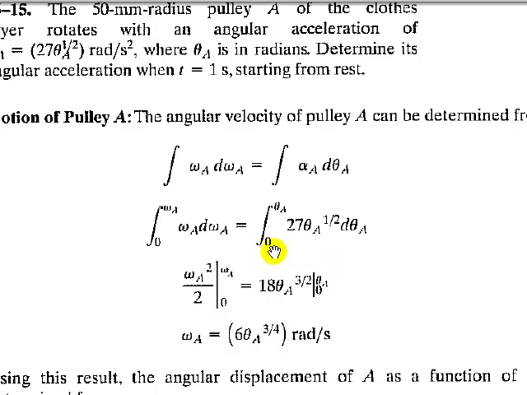As theta goes from 0 to some particular theta, and we'll just call that a generic theta A right now, and omega d omega goes from rest, we were told it started at rest, to some particular omega for pulley A. I say particular, these are just dummy variables for now. And we end up with an omega squared over 2, evaluated between 0 and omega A. And integrating theta to the 1/2 power, we're going to end up with a theta to the 3/2 power.